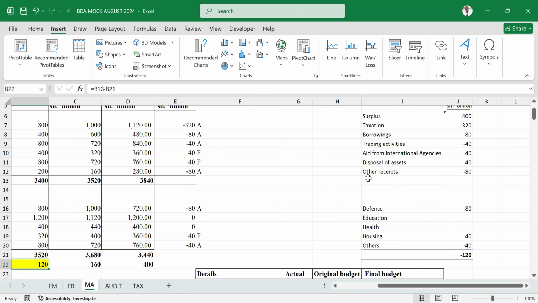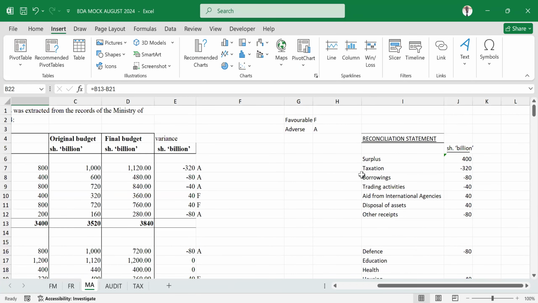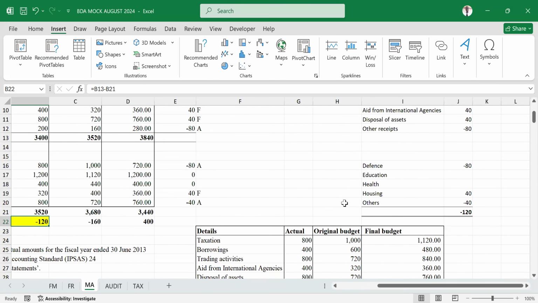Because the surplus of 400 is on the final budget, and the negative 120 is on the actual that was transacted. So how would you explain it to a layman? That, okay, at first we had a budget surplus of 400, but now we reconcile it with the negative actual transaction of a deficit of 120.